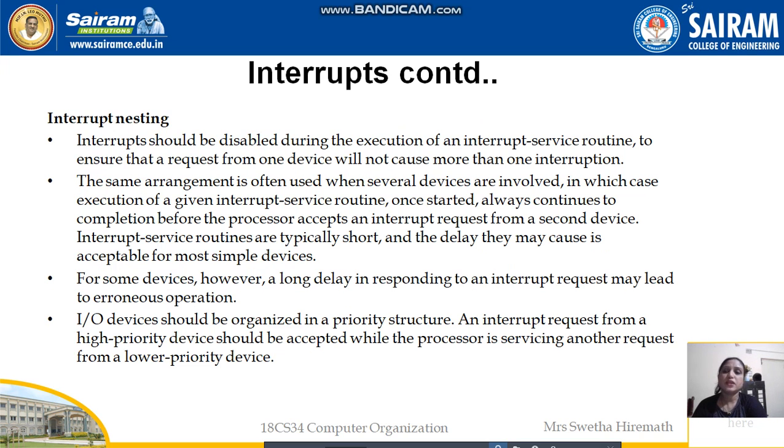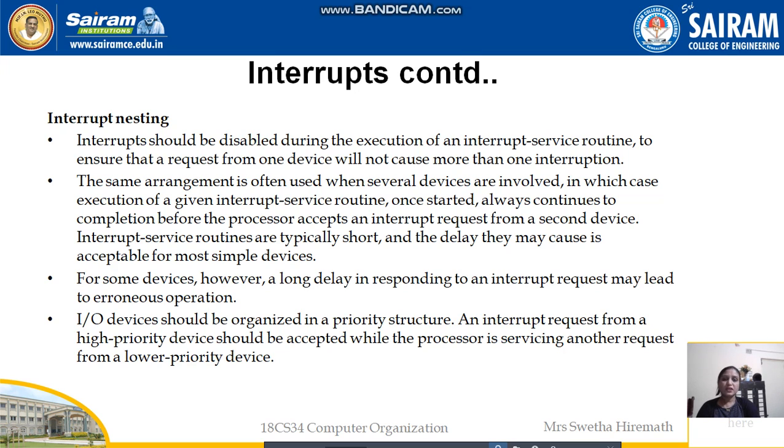Next, moving to interrupt nesting. Interrupts should be disabled during the execution of an interrupt service routine to ensure that a request from one device will not cause more than one interruption. What happens here is, if a device requests the processor's service, the interrupt request line will be enabled once it sends the request.